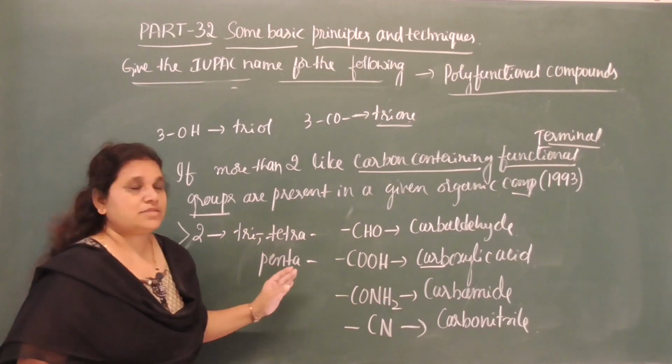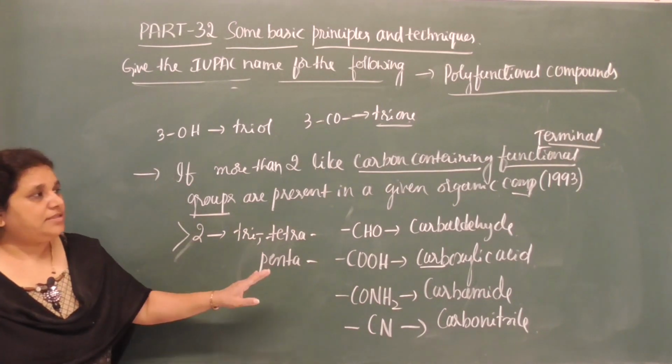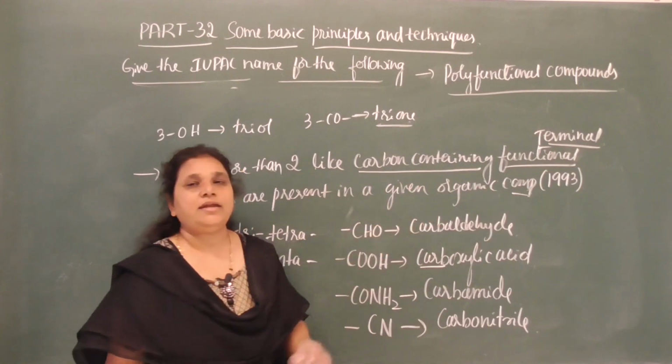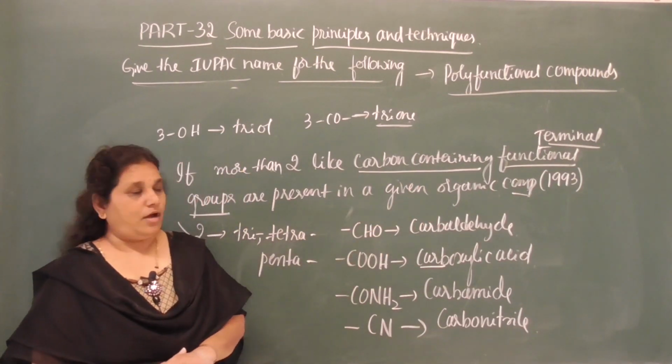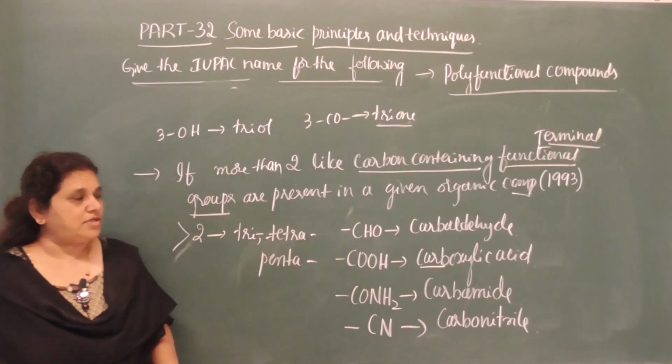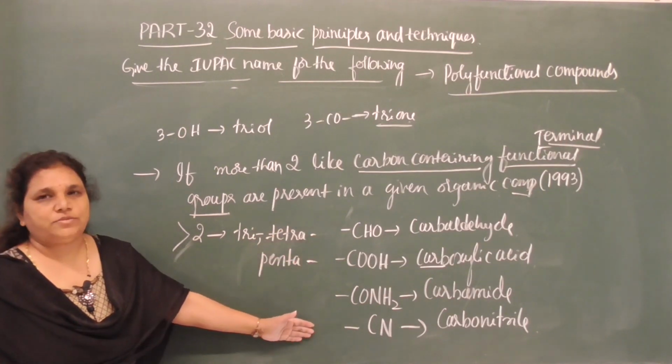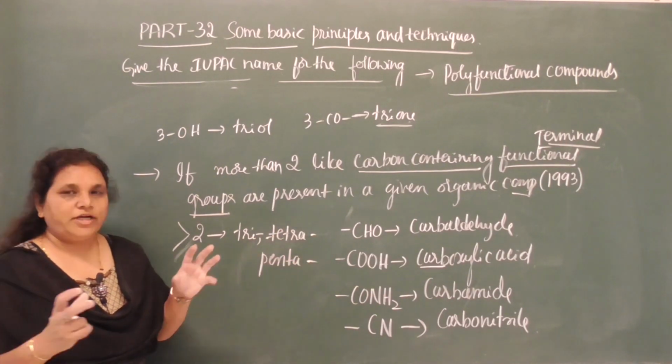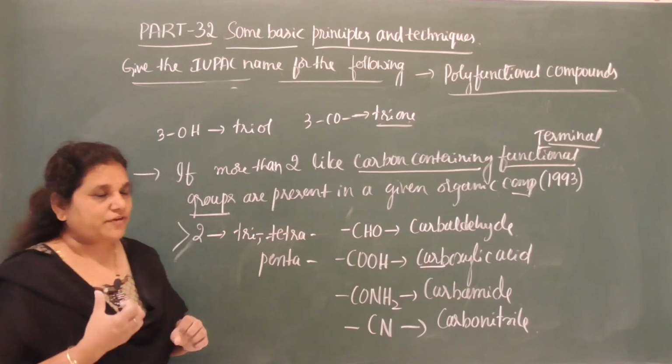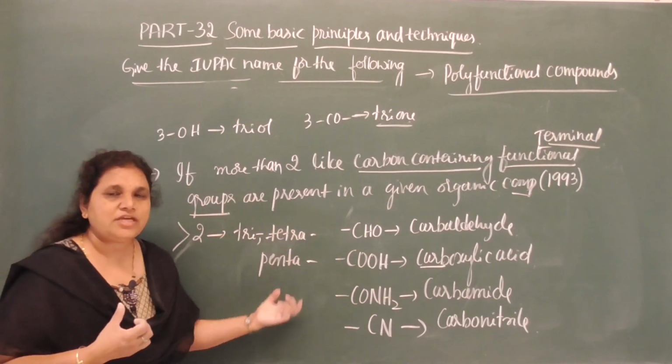So this is very important, and this is under the 1993 recommendation. According to the 1993 recommendation, we have to follow these rules. It is a little bit difficult to understand, but write down these points.